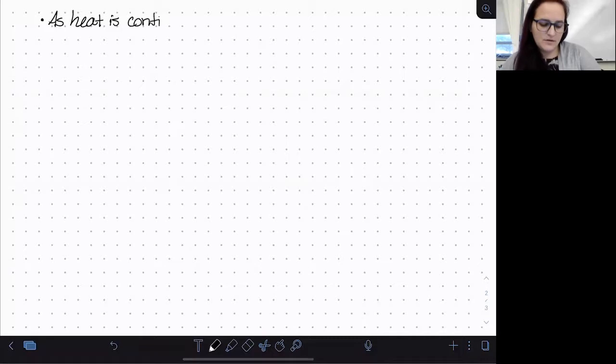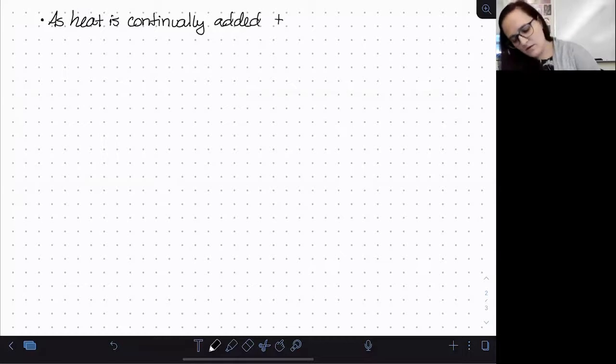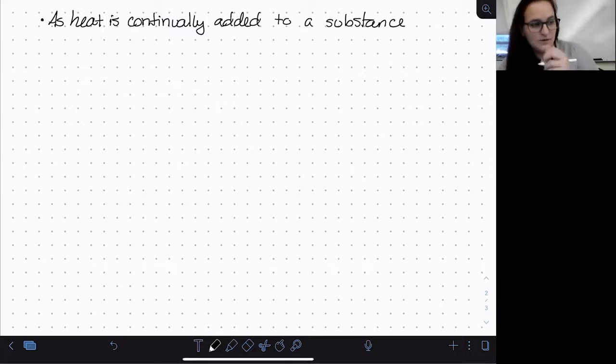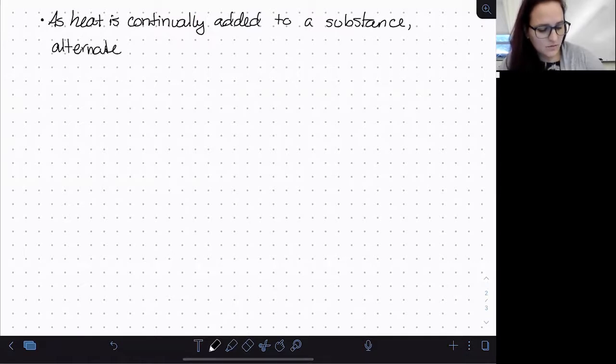So as heat is continually added to a substance, what you're actually going to see is that it alternates between changing the kinetic energy and the potential energy. If we're starting with a solid, your temperature will increase up until the melting point, and then your temperature stays constant while it undergoes the melting process.